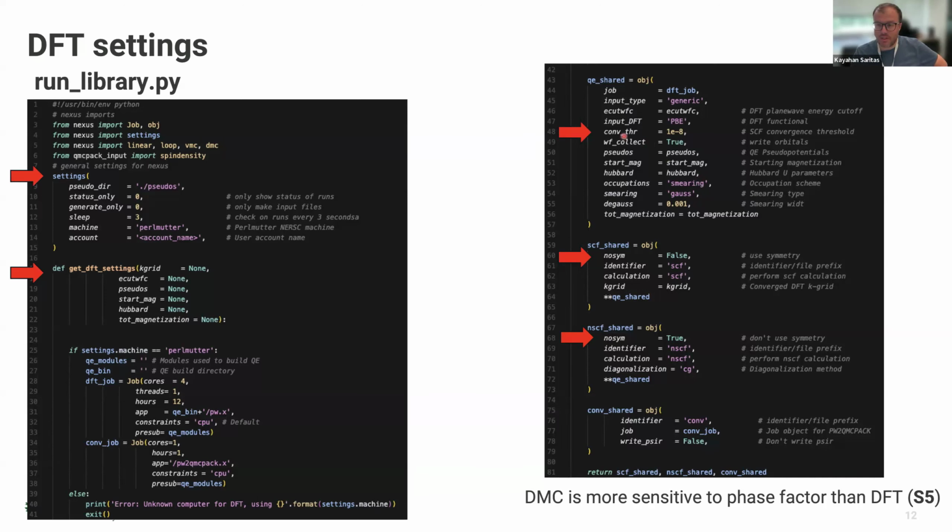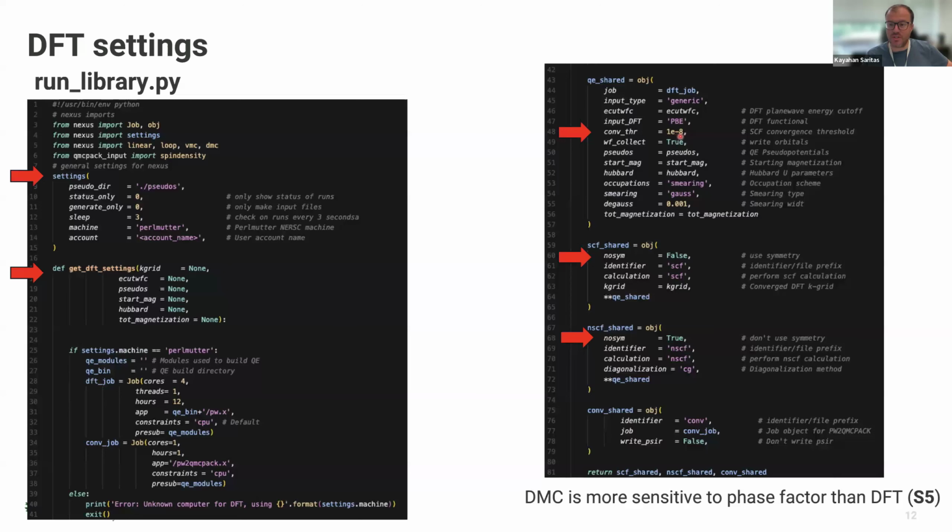Some of the parameters that could be useful to mention is this convergence threshold. If you're working on a much more difficult problem compared to this one, for example, one that might involve defect formation energies where the system size is very large, and some of the pseudopotentials that we used, if you have noticed, typically have a larger kinetic energy cutoff, they might require more effort to converge, and this value may not always be reachable, but you should aim to have a convergence threshold as small as possible.